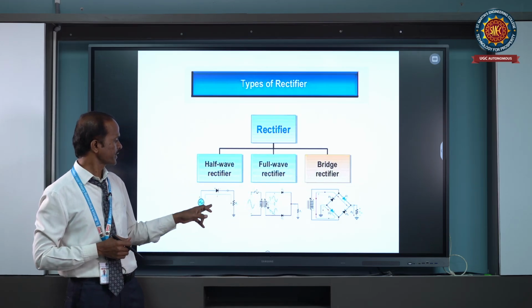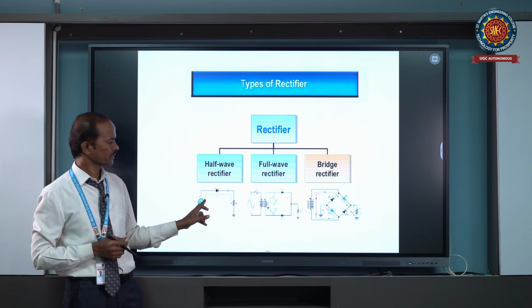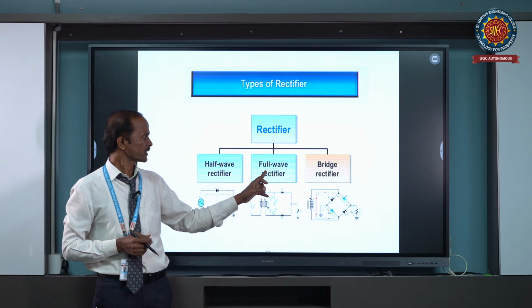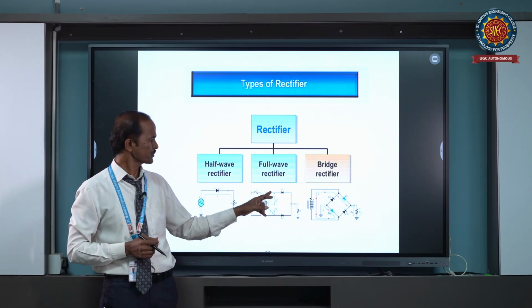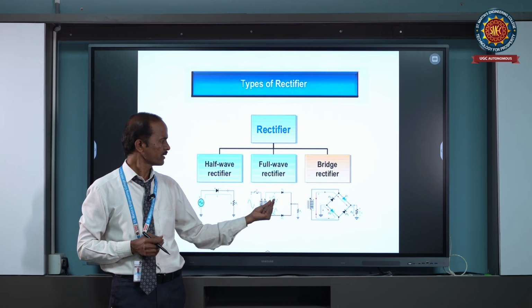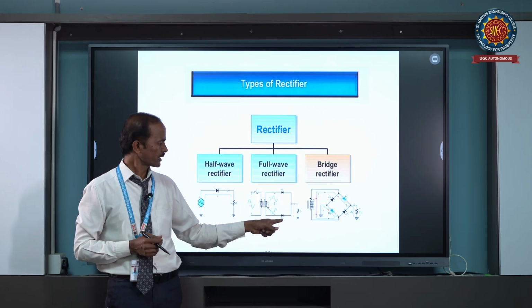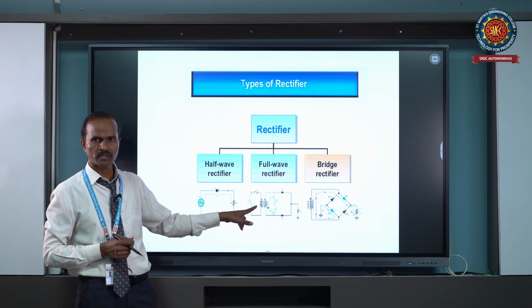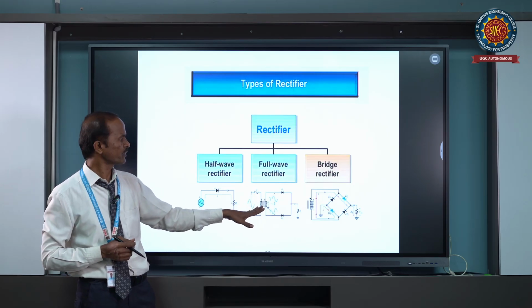In a half wave rectifier we use only one diode in one direction, one resistor and one voltage source. Next is the full wave rectifier. In this case we use a center tap transformer, one diode D1 and another diode D2. So two diodes, one center tap transformer and one resistor are used in a full wave rectifier.